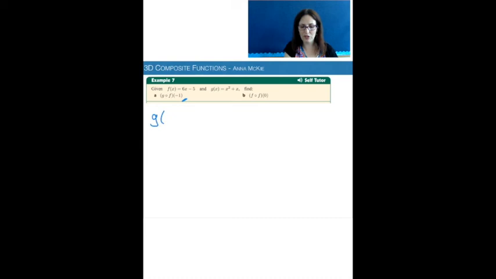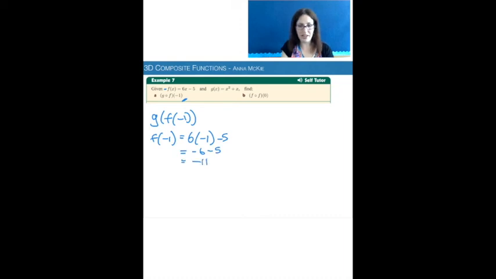So this is what I would do. g of f of -1 is what we're after. So first of all, let's work out the f of -1. So f of -1, subbing that into our f function, 6 multiplied by -1, take 5. You don't have to show every line it's setting out. We've got -11 there. So that is f of -1.